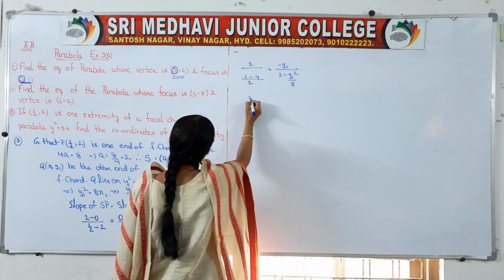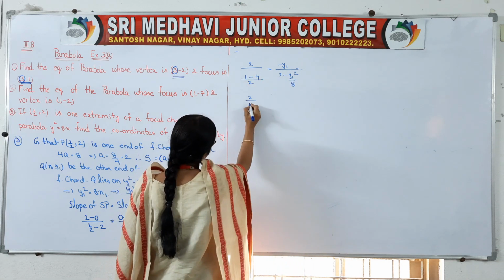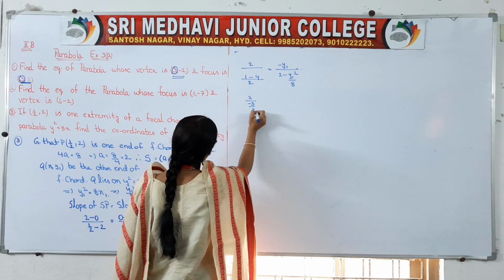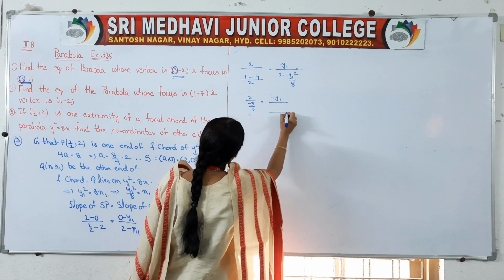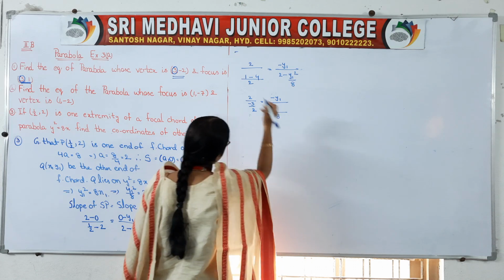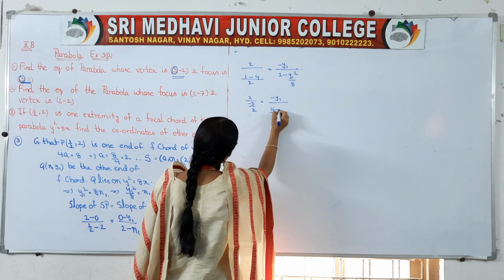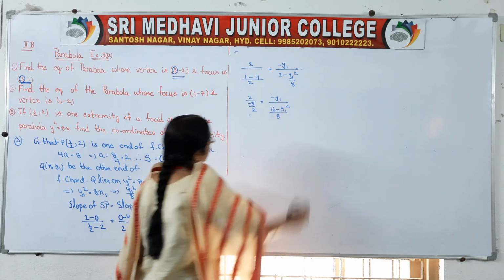So here it is 2 by 1 minus 4, that is minus 3 by 2, is equal to minus y1 by, taking the LCM as 8, 8 2s are 16 minus y1 square.